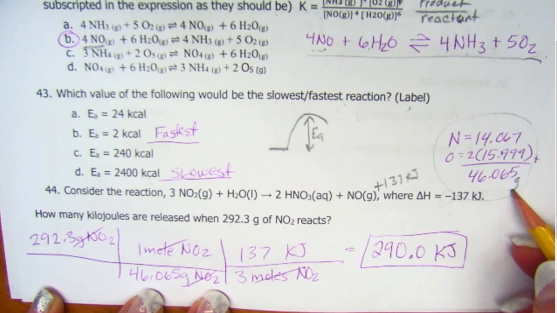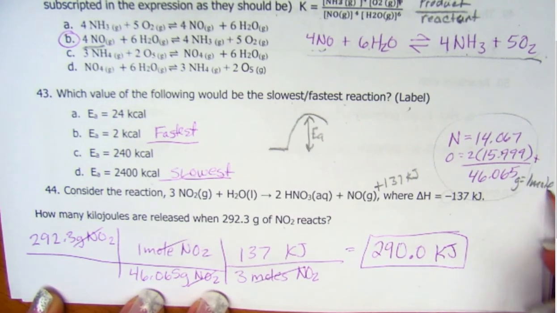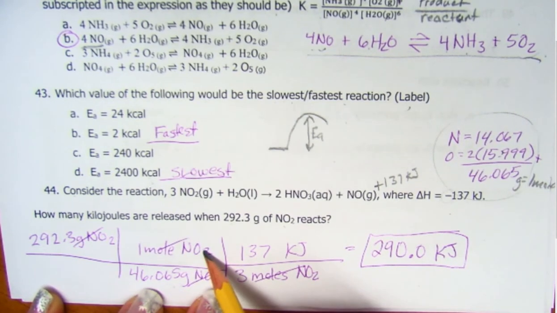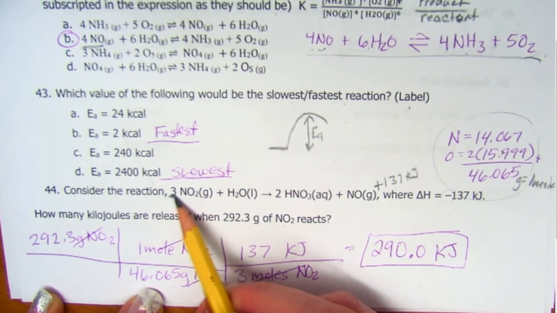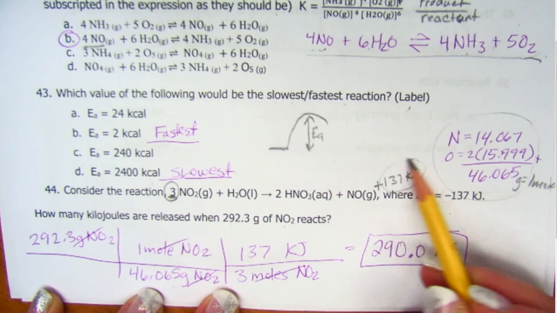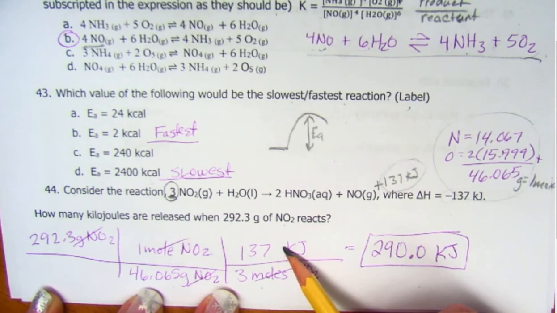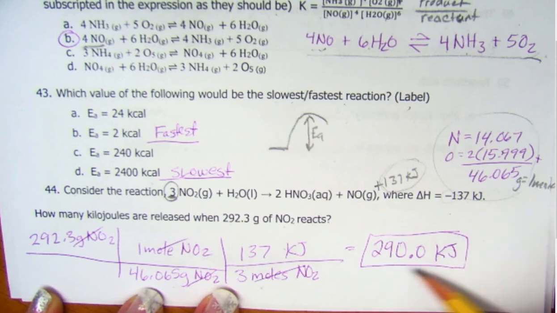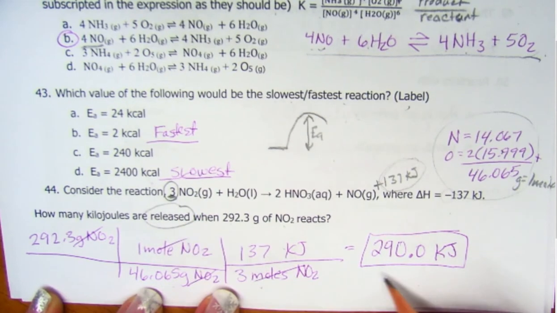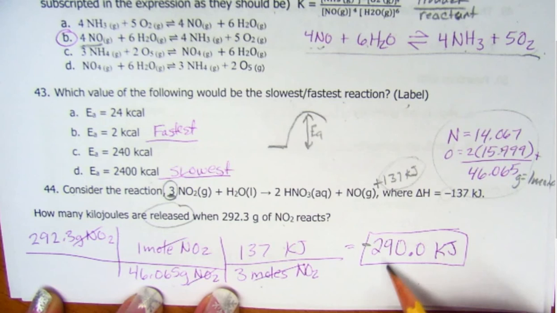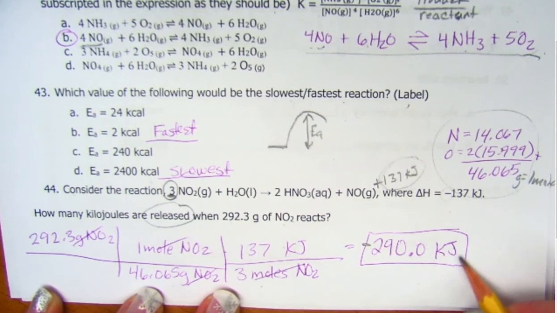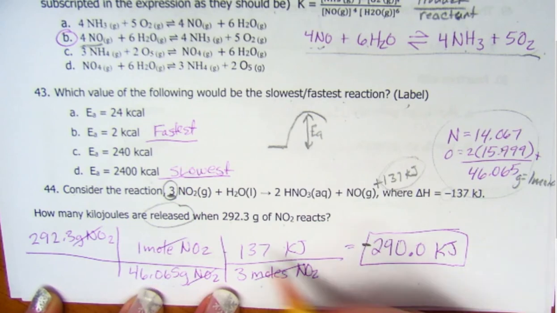That's how many grams are equal to 1 mole. Put the grams on the bottom, 1 mole on top. Then I come to the equation. Here's the 3, and there's my number of kilojoules. So 3 moles on the bottom, kilojoules on top, and I get this many kilojoules. It already told me it was released, but I could put the negative there, because it is negative, to tell me that many is being released. Okay?